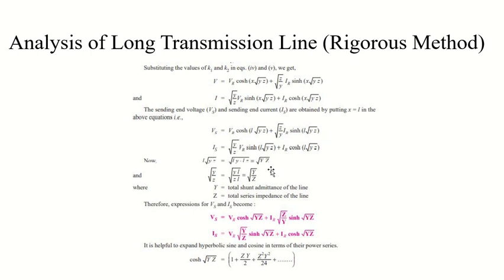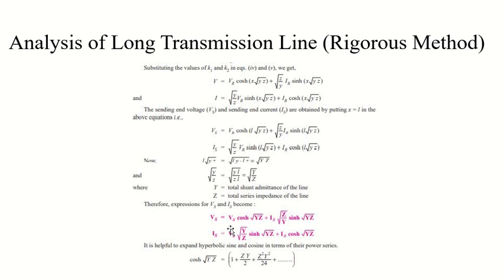So simply, in place of small yz, let's write the capital YZ. We will get Vs equals Vr cosh(√(YZ)) plus Ir √(Z/Y) sinh(√(YZ)).